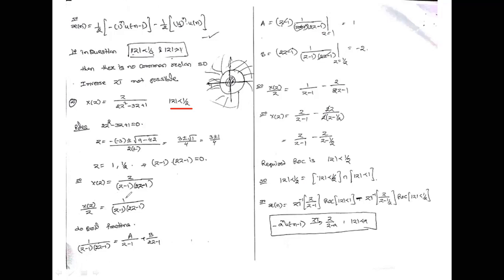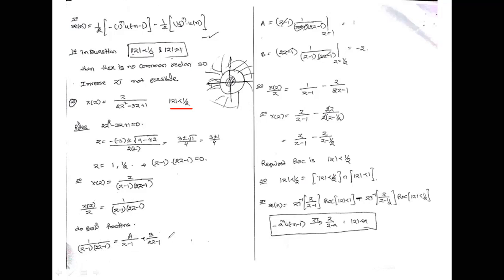X of z by z is 1 by (z minus 1) into (2z minus 1), which is equal to a by (z minus 1) plus b by (2z minus 1).